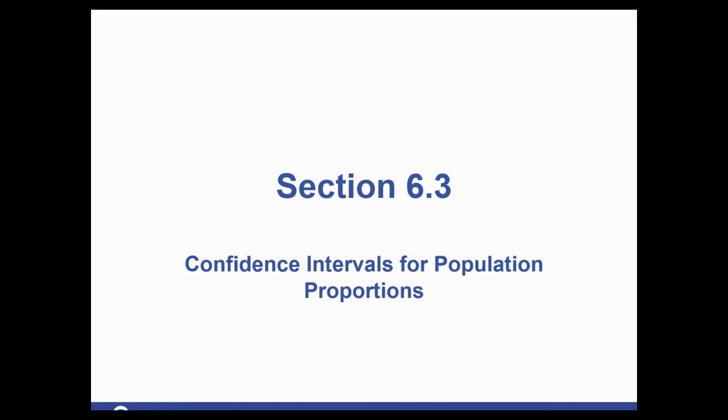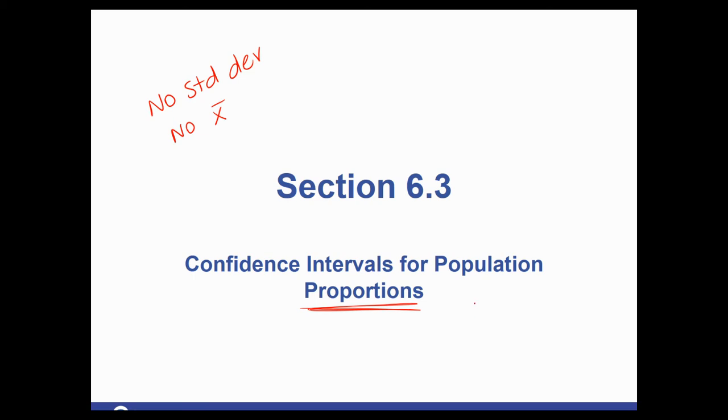Now, the last section for chapter 6 we're going to cover is a third distribution piece. So we either have things that are Z or T based on the type of standard deviation. But in this last section, there are no standard deviations and there are no means. There's no x bars, no sample means. In this section, it's all about proportions.